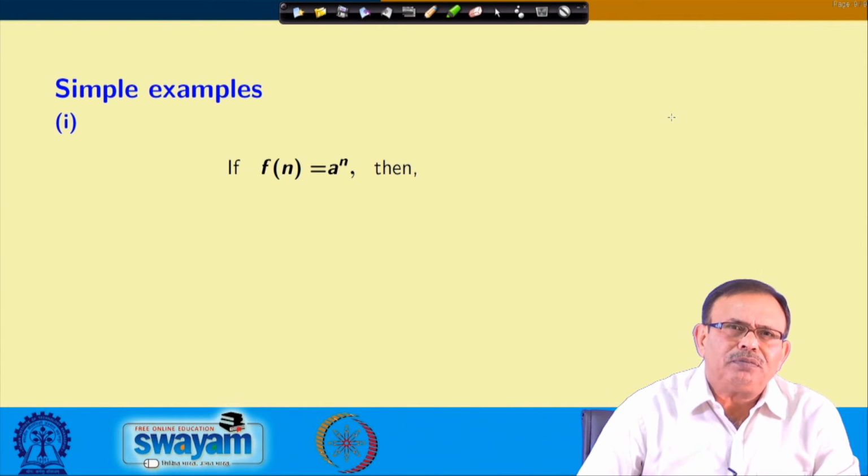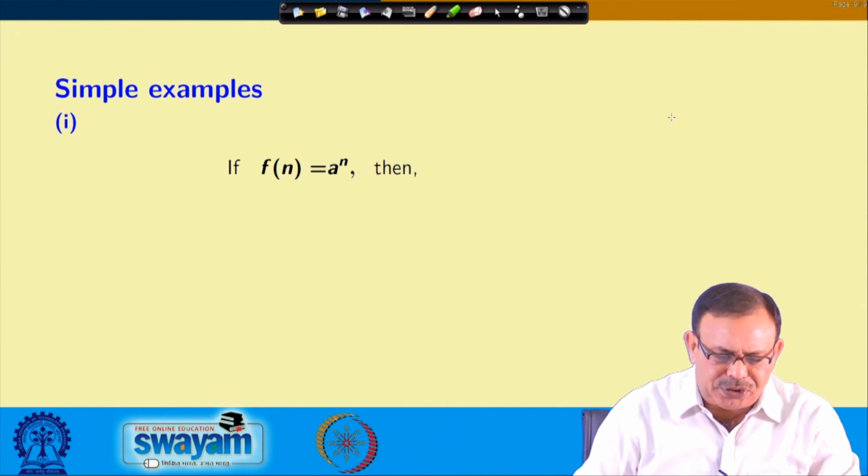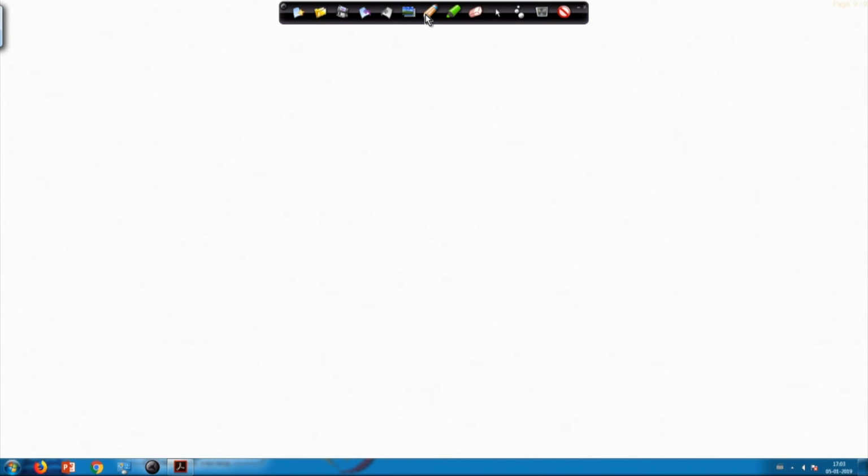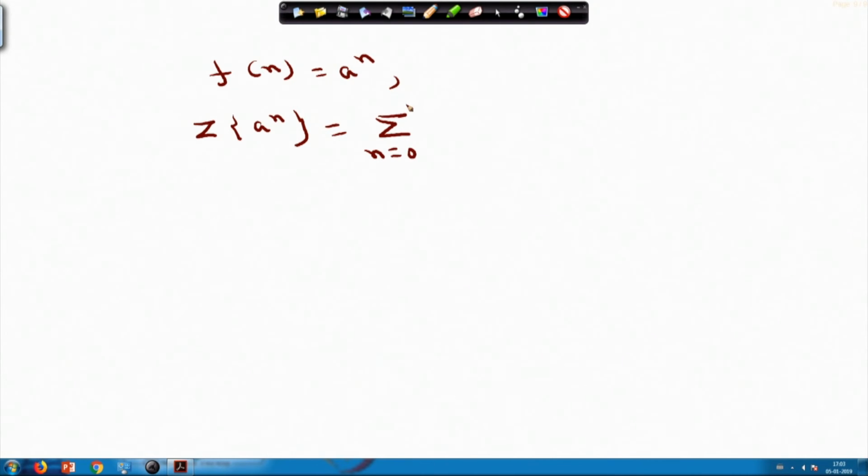Let us take some simple examples where we will try to find the Z transform of some functions. Let us take f(n) equals a to the power n. In that case, the Z transform of a to the power n, from the definition, equals summation n equals 0 to infinity f(n) into z to the power minus n.